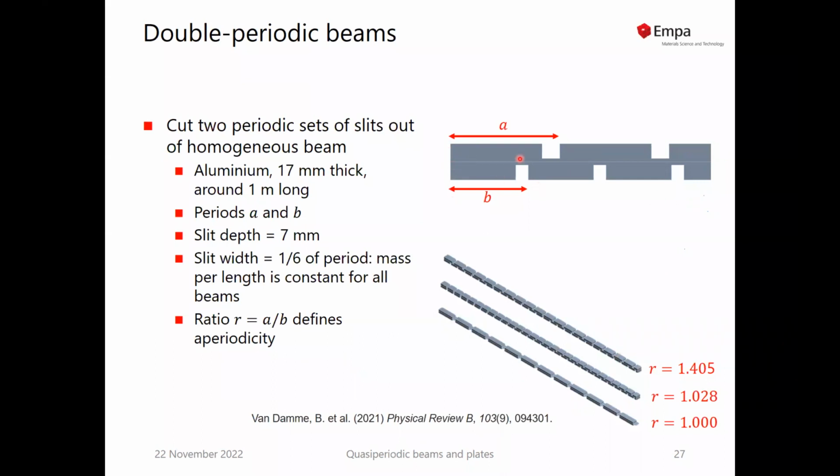We have this beam here, with periodic thickness variation with period A on the top and with period B on the bottom. If A and B are identical, the ratio between these two, A over B, I call R, leads to a perfectly periodic beam, exactly the same as the one I showed before.